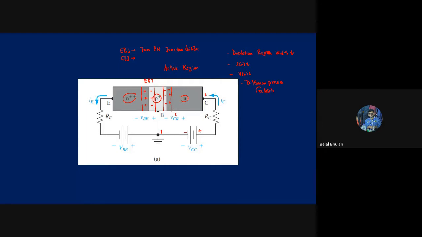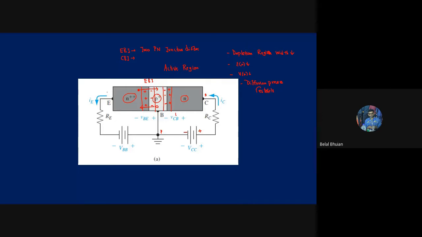As soon as we apply forward bias voltage, since all those things happen to the depletion region width, electrons will diffuse from the N side to the P side, and holes will diffuse from the P side to the N side. Diffusion means injection of carriers.